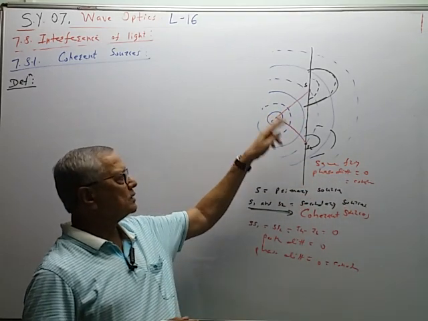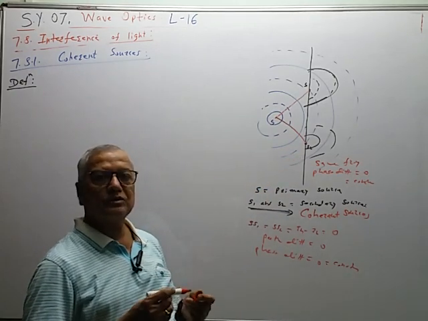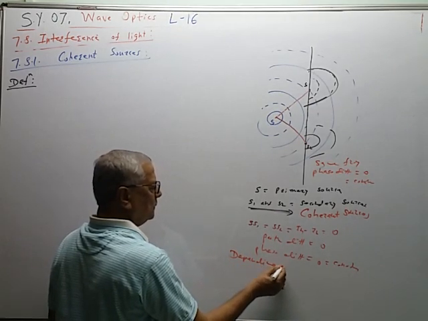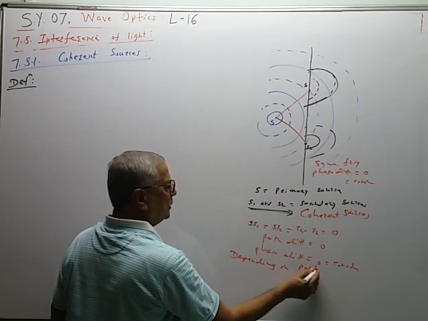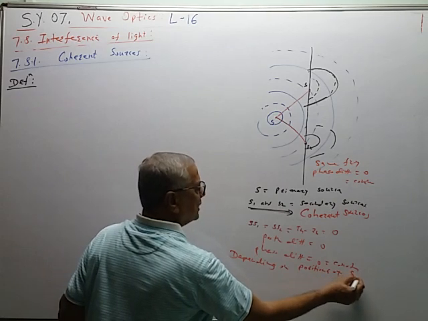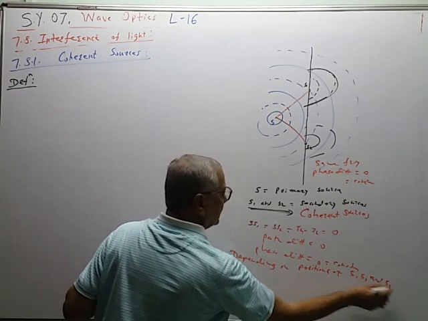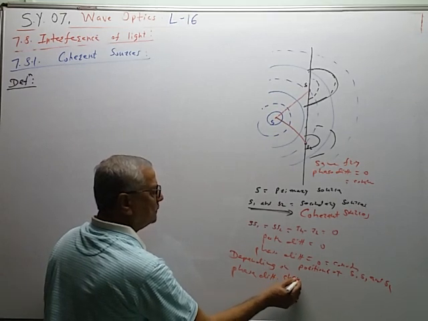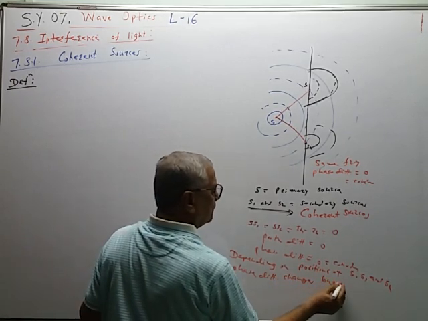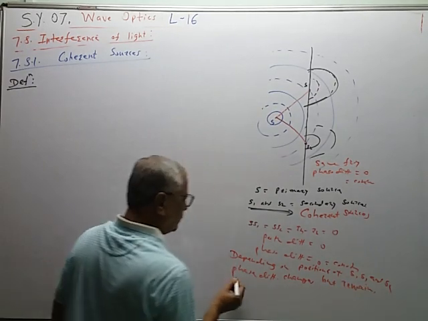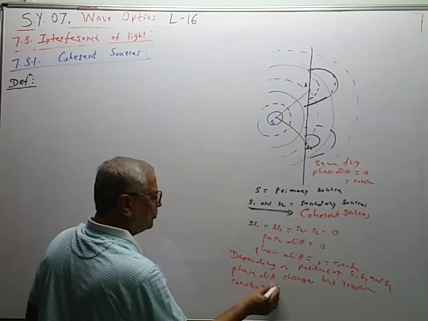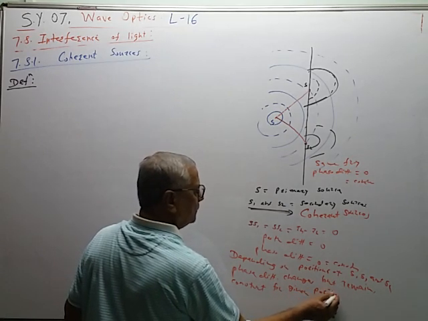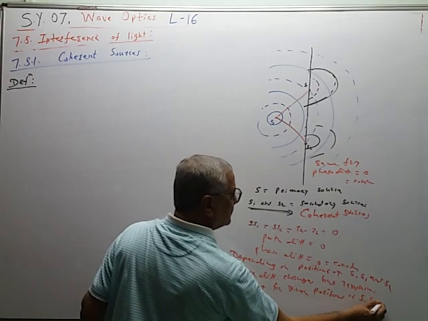So depending upon the positions of S1 and S2, the phase difference between S1 and S2 changes, but remains constant for a given position of S1 and S2.